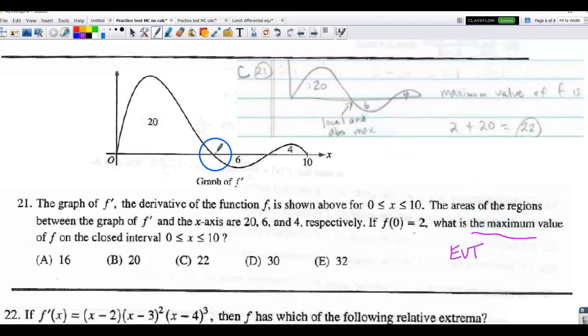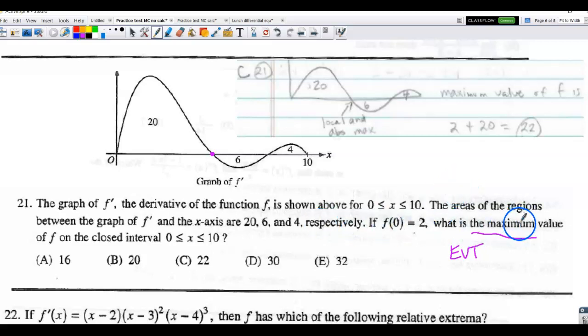So you can see that we have a local maximum here, and f of 0 is 2. So we have an initial condition of 2.